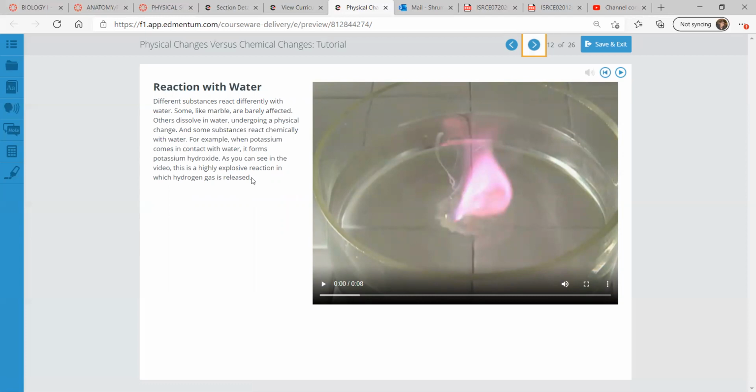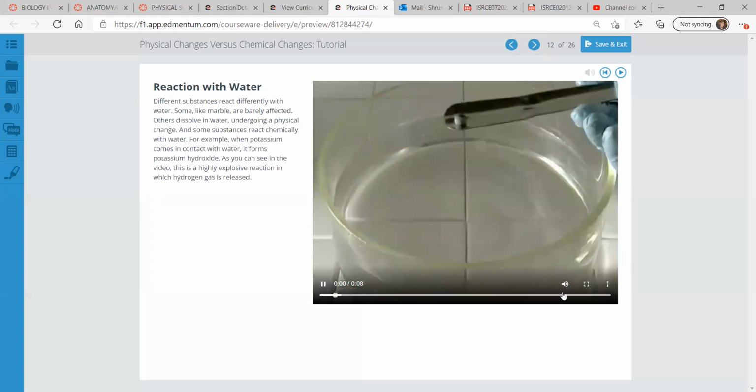So in this example, we see how different substances react differently with water. Some, like marble, are barely affected. Others dissolve in water, undergoing a physical change. Some substances react chemically with water. For example, when potassium comes in contact with water, it forms potassium hydroxide. As you can see in the video, it is a very highly explosive reaction in which hydrogen gas is released.